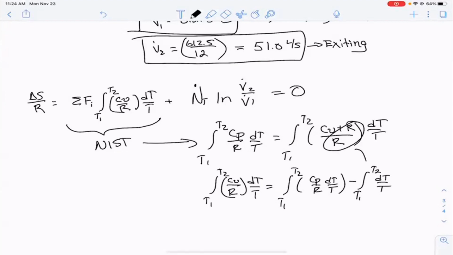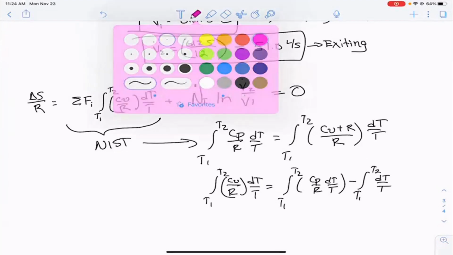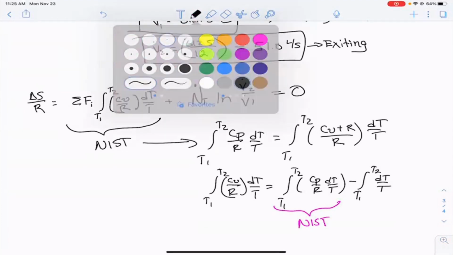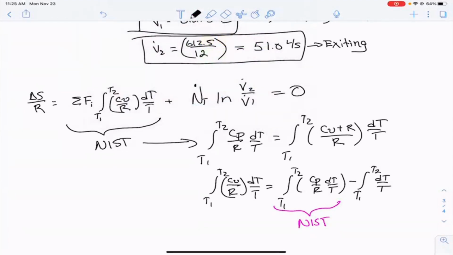Because the R over R term goes there, okay? So the interesting thing when you're solving this problem is that this is the NIST data. So the actual thing that we need, so that's the NIST data, right?